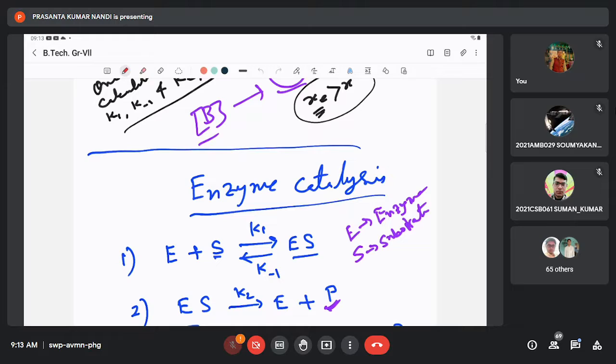That means enzymes are highly specific. An enzyme which is efficient to induce a particular chemical reaction may not be efficient for other reactions.